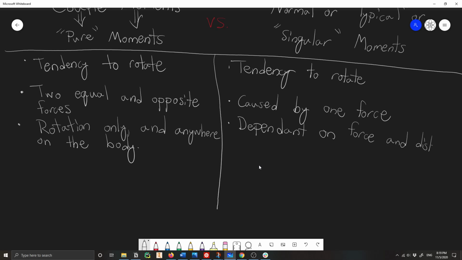Okay. So another way that we can think about this is, let's go back to my beam example again.